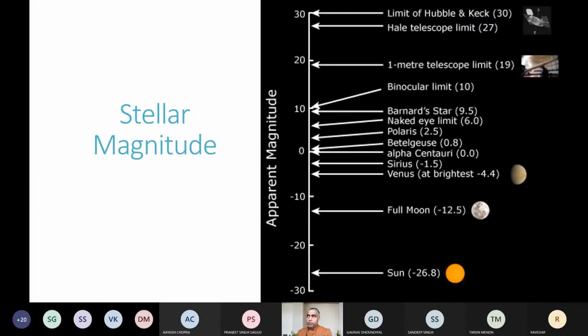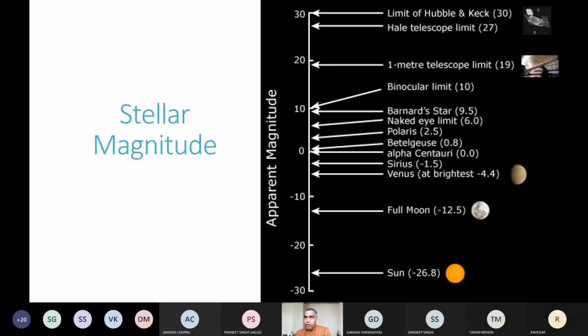Okay, so before we go into this type, let me explain a little bit about the stellar magnitude. Now, what is the stellar magnitude? All the celestial bodies which we see in the sky, we see them because of light coming from that body to our eyes.